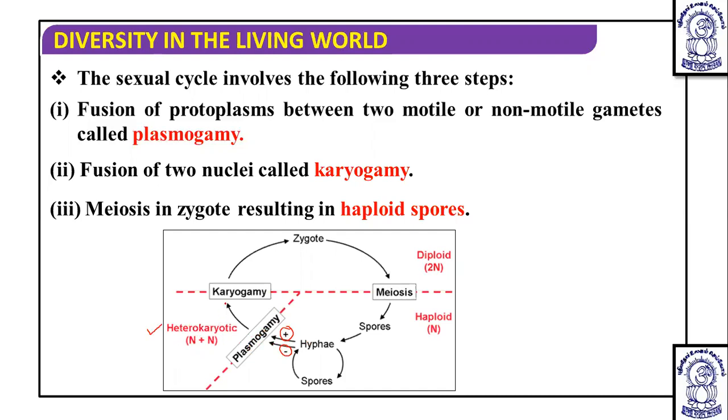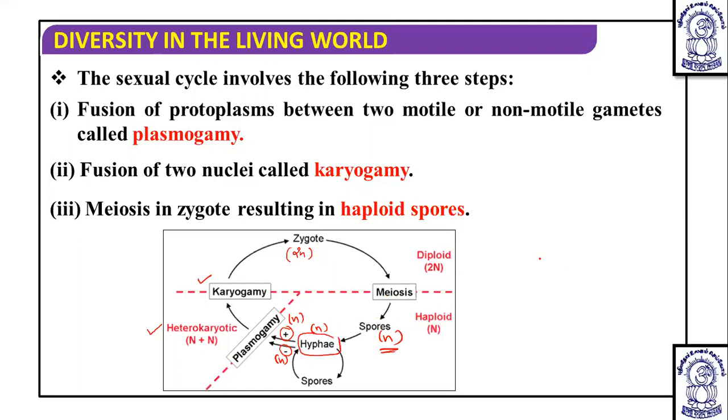After this the two nuclei fuse, which is known as karyogamy, and the zygote is formed. The zygote will be diploid, while the hyphae are haploid, so obviously the gametes are haploid. Then the zygote undergoes meiosis and produces haploid spores. When the spores germinate, they again form hyphae.